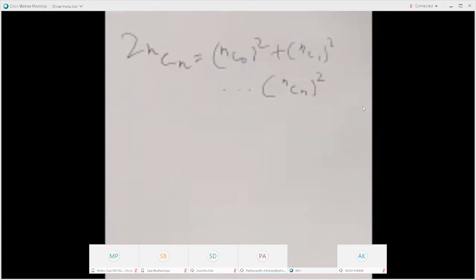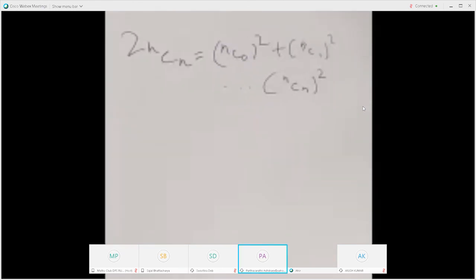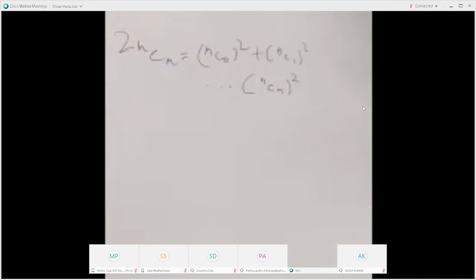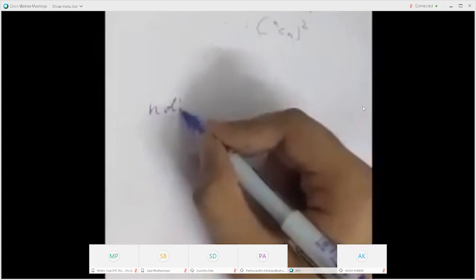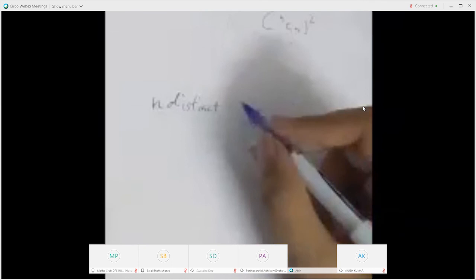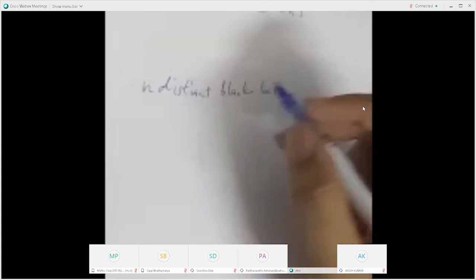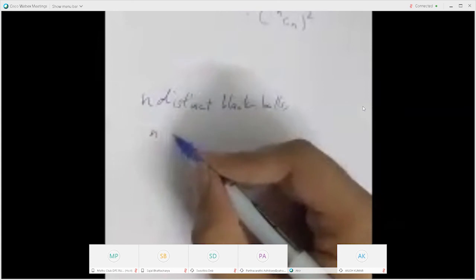Better. Okay, it's better. So we had to prove that 2nCn is equal to nC0 square plus nC1 square up to nCn square. So one way of looking at this is, suppose you have n distinct black balls and n distinct white balls.